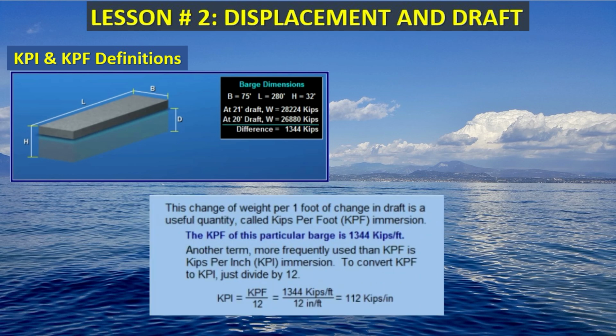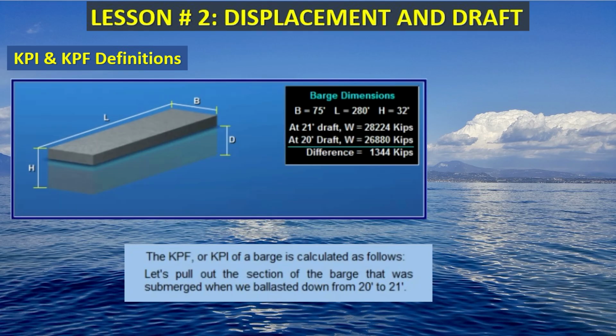Another term more frequently used than KPF is kips per inch, KPI immersion. To convert KPF to KPI, just divide by 12 as follows. The KPF, or KPI of a barge, is calculated as follows.